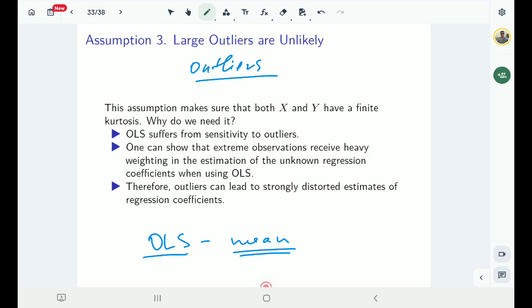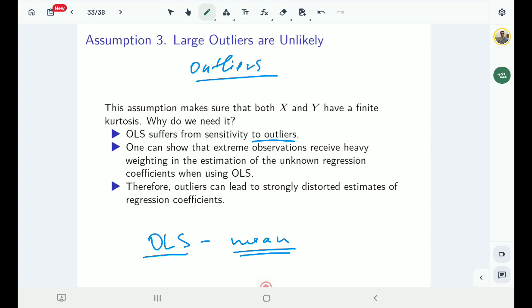If you look at the formula, it is based on sums, right? So OLS, like the mean itself, is very sensitive to outliers, and therefore, whenever outliers are present, they can distort your estimates to a large extent.